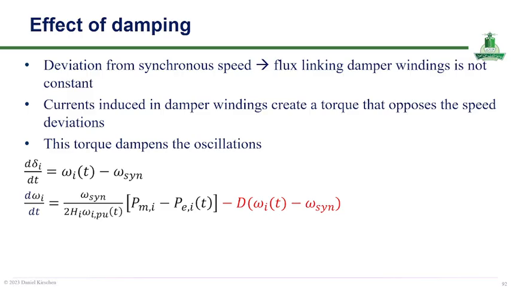The first part of the equation models the acceleration caused by the imbalance between mechanical power input Pmi and electrical output power Pei, while the damping coefficient D introduces a torque proportional to the speed deviation. So overall, the inclusion of damping improves the dynamic performance of the system by decreasing oscillation magnitude, increasing stability margins, and helping generators maintain synchronism following faults or other disturbances.